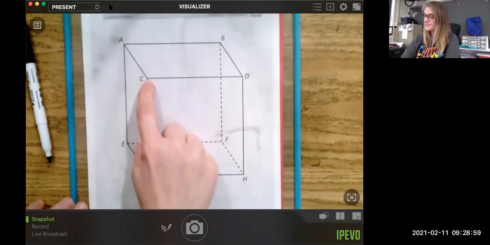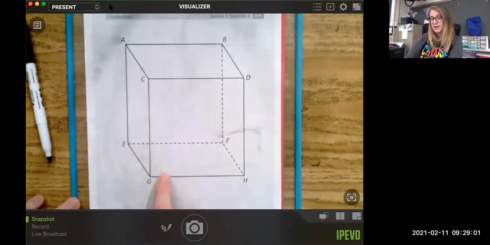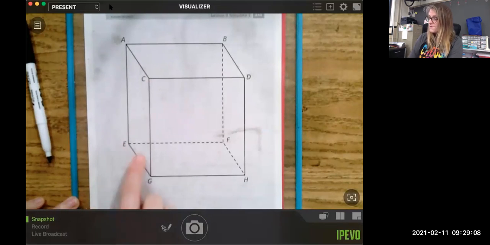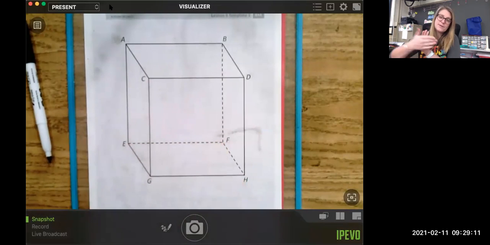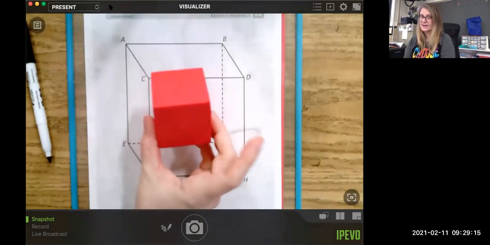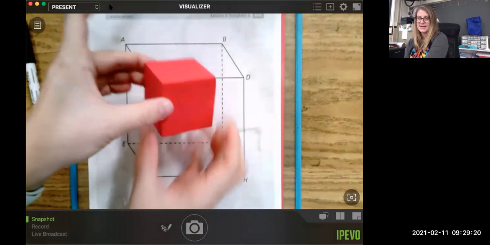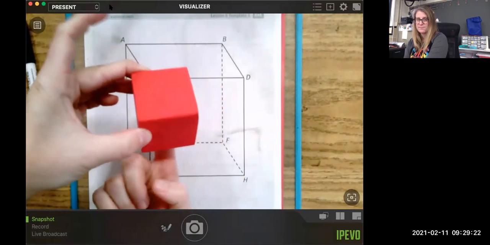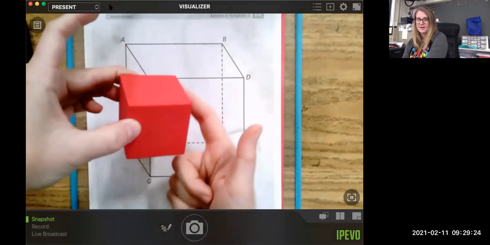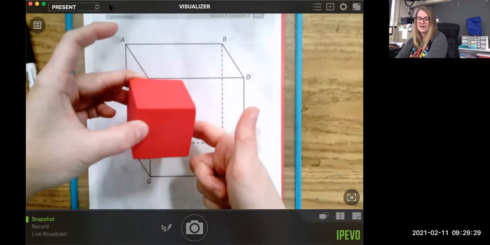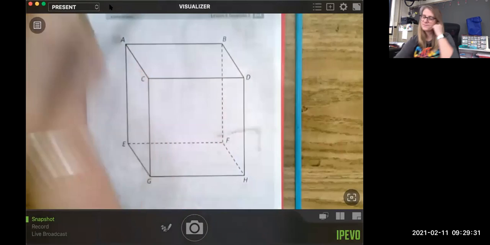Okay, so we have a line segment CD here, GH here. Then we have line segments going this way, EG. All of the dotted line segments are the ones that would be on the opposite side of the cube that you could not see. So if we were looking at it like this, E would be the edge back here, or EF, and then FH would be this side, and then FB would be this side.